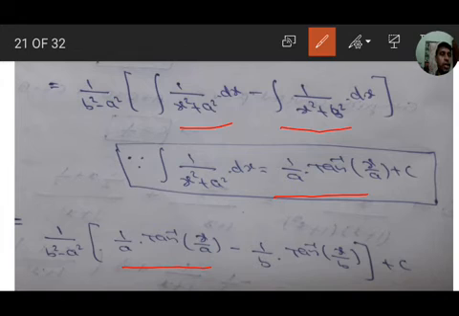Instead of a it is b, so (1/b) tan⁻¹(x/b) + c. It is the answer. Next, let us move on to the next problem.